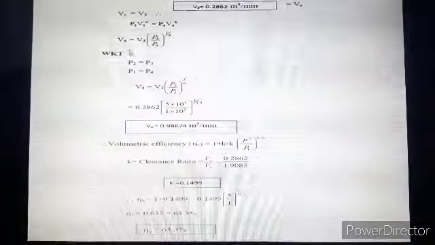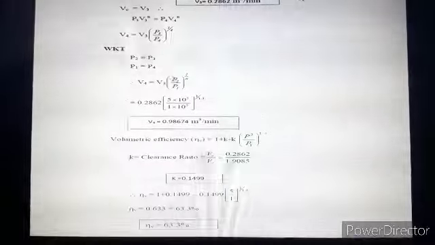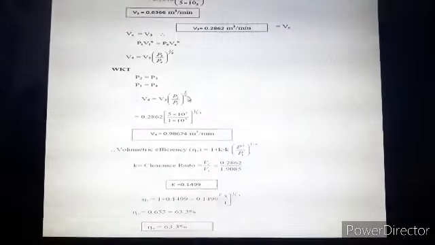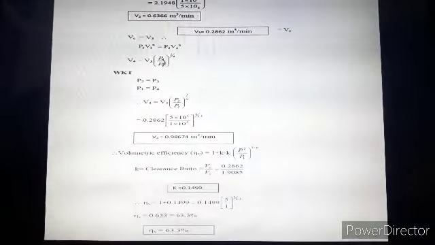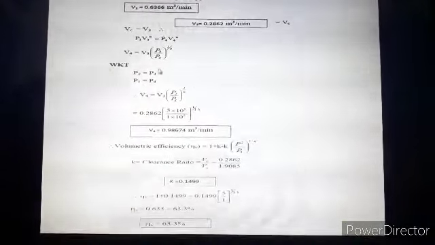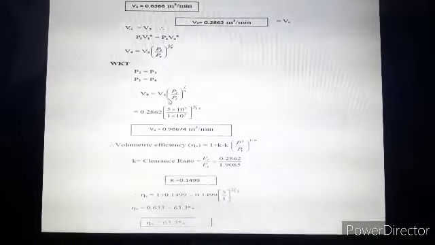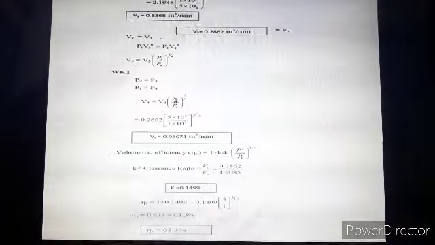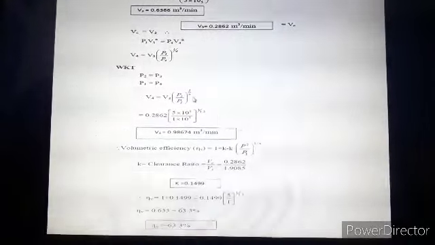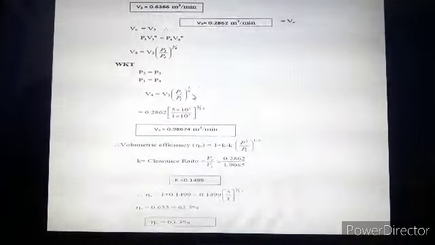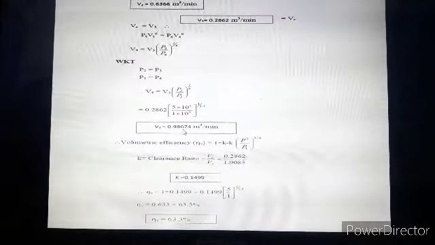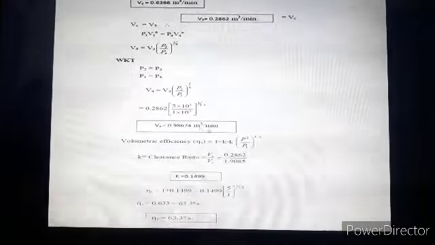So this relation is similar to the previous relation. Accordingly V4 is equal to V3 into P2 by P1 raised to 1 by n. Substitute P3 as P2 and P4 as P1, and we know the value of V3. From V3, P2 and P1, and the polytropic index small n, we can write the volume V4 as 0.98674 meter cube per minute.